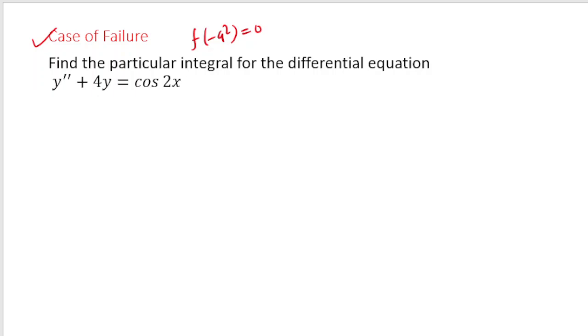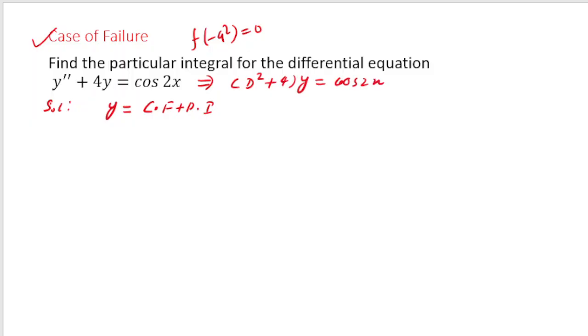So let's solve this problem of the case of failure. First of all, what is the solution? Every time I am writing y is equal to CF plus PI, and for convenience we first write it in operator form. So D square plus 4 y is equal to cos 2x.